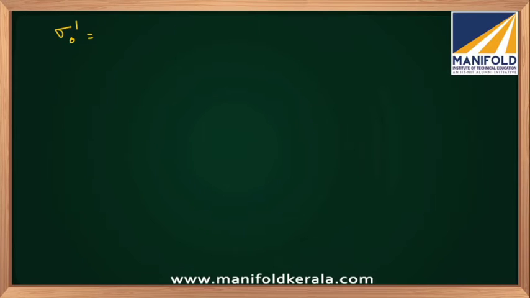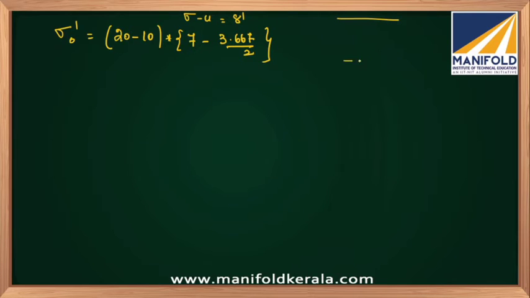To find the effective stress, we need the initial overburden stress, sigma minus u. Instead of gamma sat, I can use gamma dash, 20 minus 10. The length is 7 meter minus 3.667 divided by 2, as the total depth of the clay layer is 7 meter.